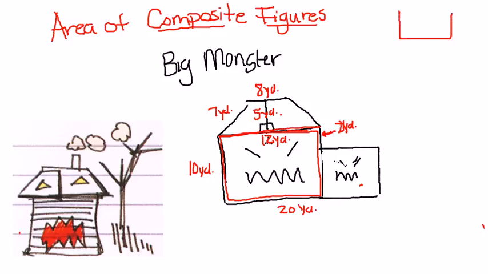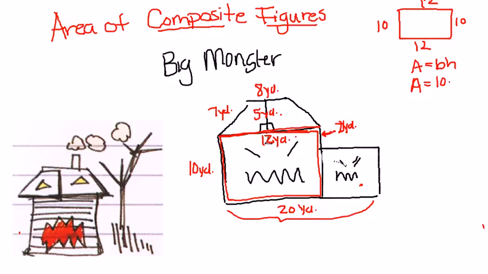The dimensions of this rectangle are 10 yards, not by 20. 20 is this whole length here. But you already are given, if you look at the top here, 12 is the top, so it's going to be the same as the bottom. So we could write 12 here and put 10 over here. And remember, area equals the base times the height. Area equals 10.